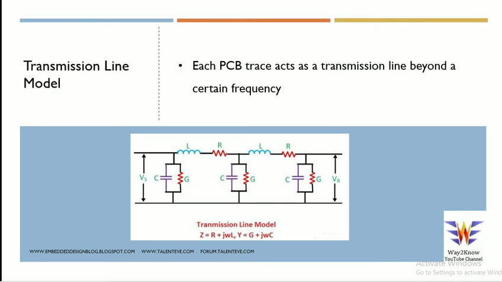That's what we mean to say here. So the PCB trace acts as a transmission line beyond a certain frequency. This is how a transmission line can be modeled, which has series resistance, inductance, parallel capacitance and conductance. And as this PCB trace goes over a length between IC1 and IC2, the same section shall be replicated.